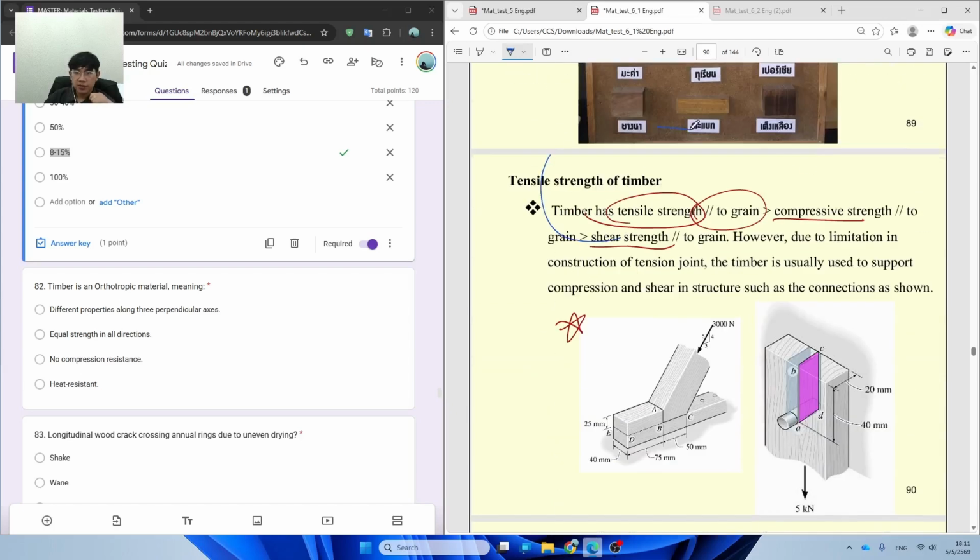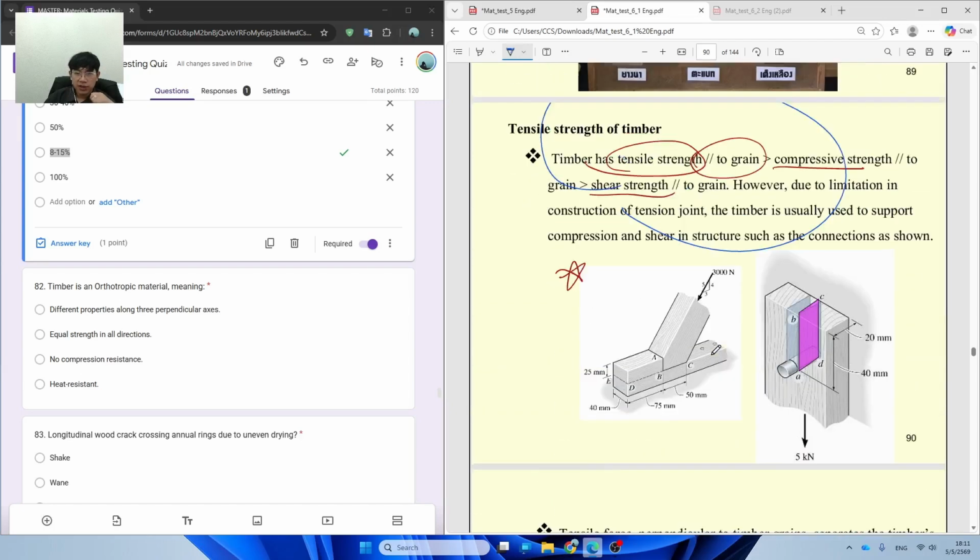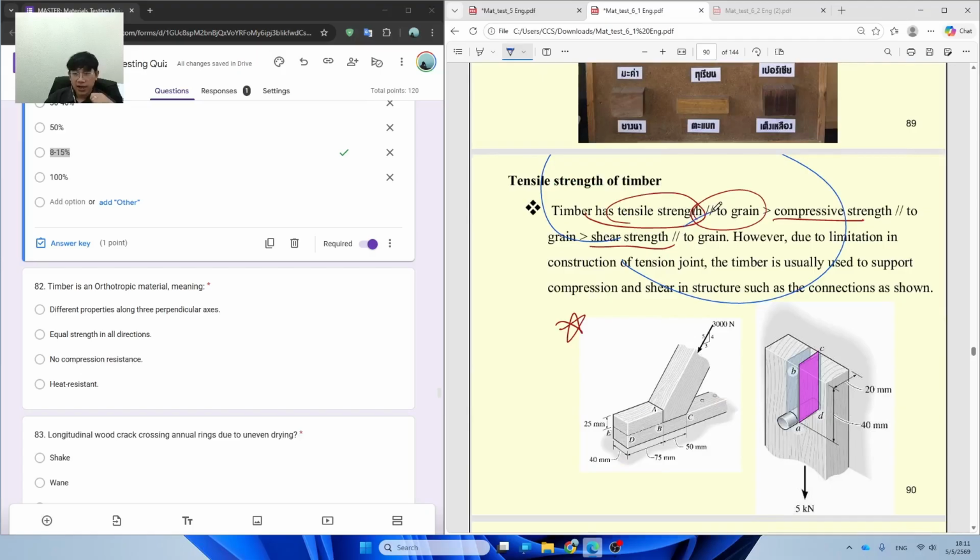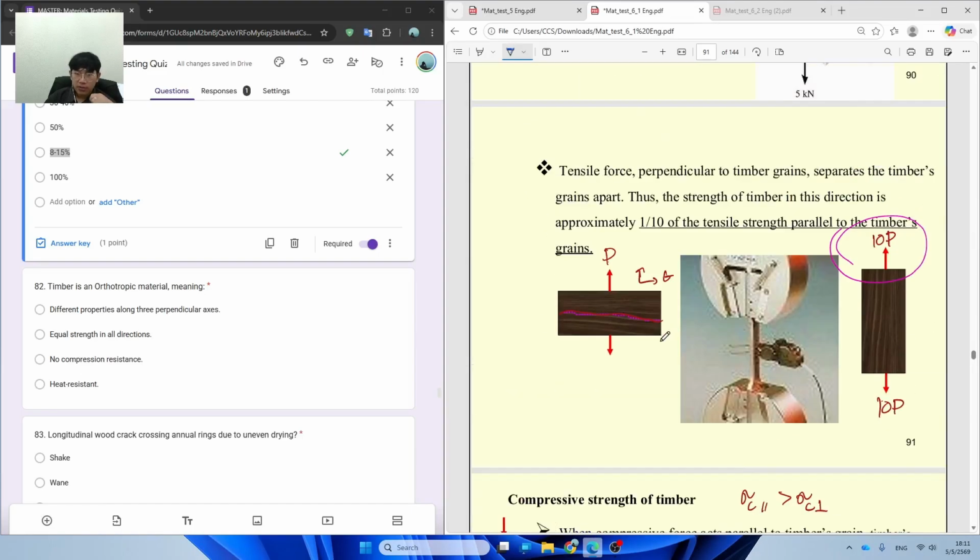This one we already discussed from chapter 5: tensile strength is going to be the highest, the second rank is compressive strength, and the last one is shear strength. And if you pull the timber perpendicular to the grain, it's going to provide a strength of about 0.1 compared to the one parallel to the grain.